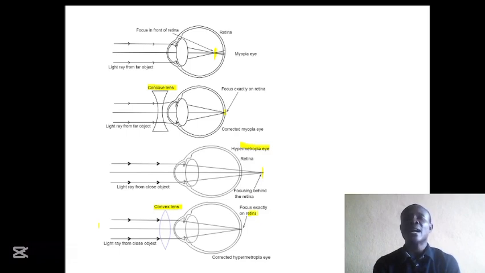And we have cataract. Cataract is formed by cloudiness of the lens, and it can be corrected by using surgical means. And we have glaucoma. Glaucoma is caused when the vitreous humor fails to properly drain. So in this case, what will happen?